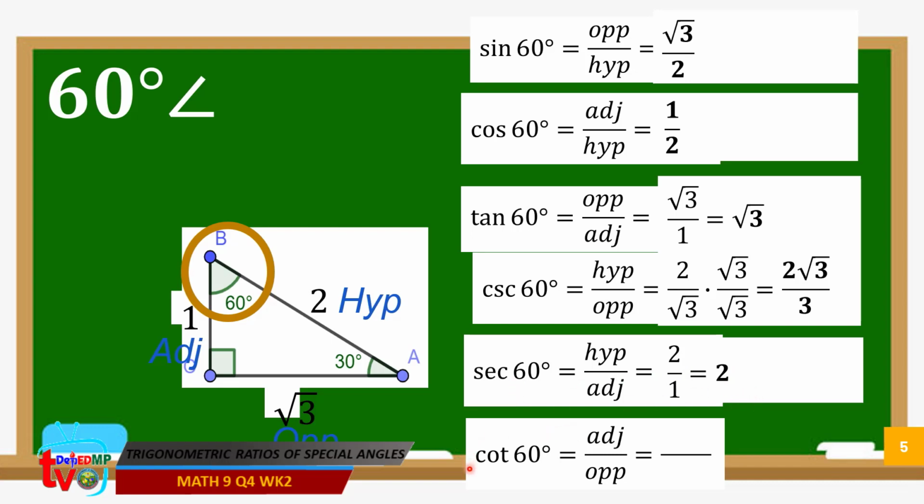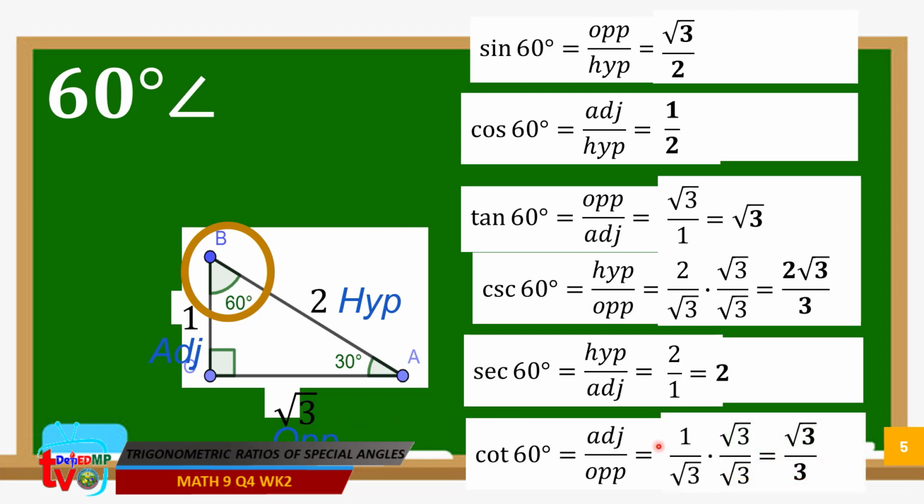And last, what is cotangent 60 degrees? It is adjacent over opposite. So we have 1 over square root of 3. But since there is a radical number in the denominator, let us rationalize the fraction by multiplying both the numerator and the denominator by square root of 3. So when we multiply the numerators, 1 times square root of 3, we have square root of 3.